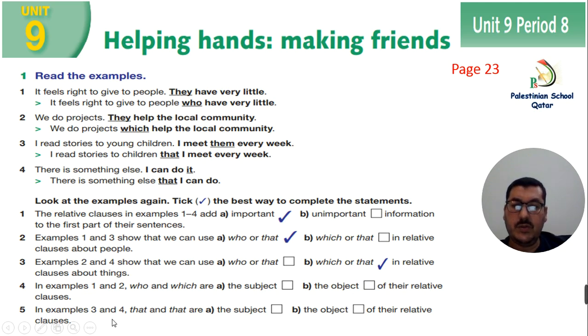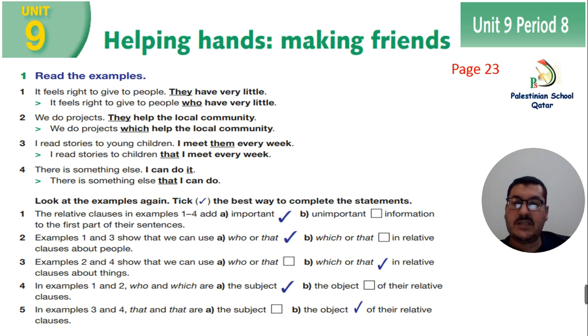Number 1 and 2, they were the subjects. And number 5, in examples number 3 and 4, that and that are the subject or the object of their relative clauses? Of course, they were the objects.